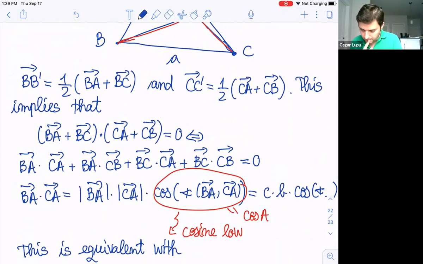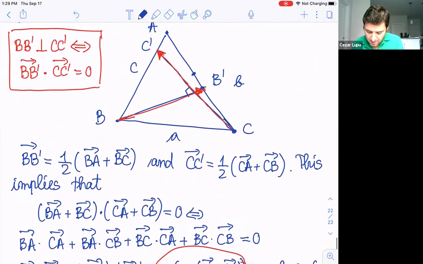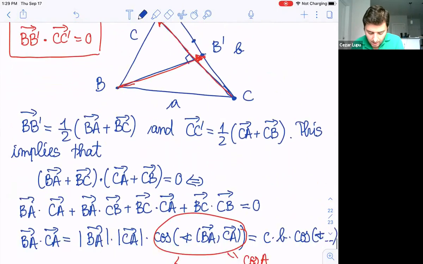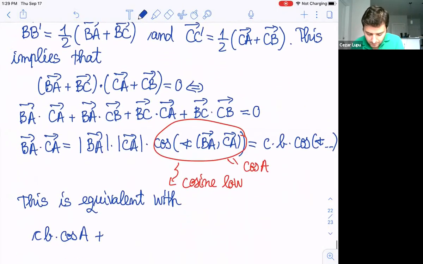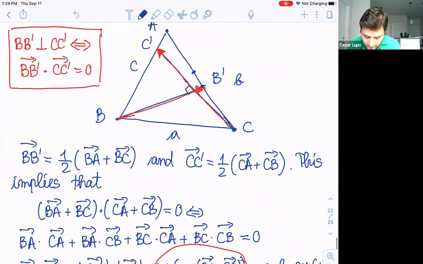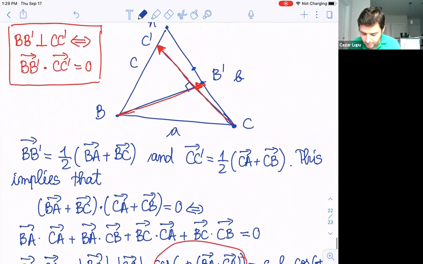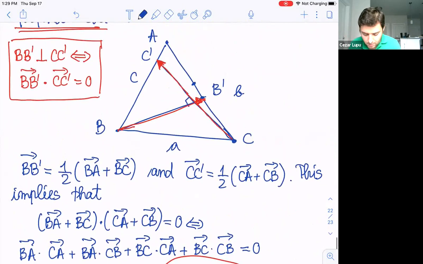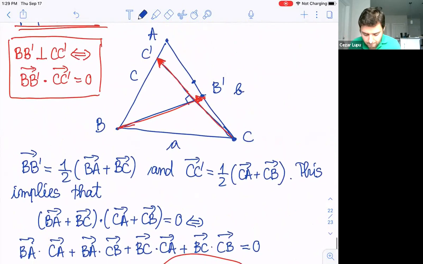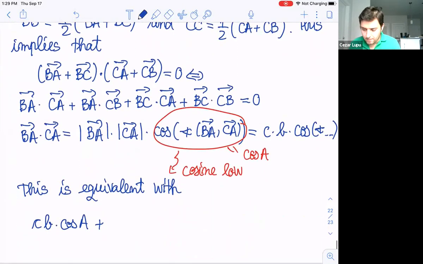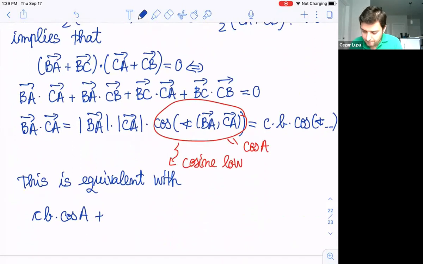So wait. This is what, it's CB and CA. Okay, it's BA plus CB. So it will have, okay, let me look, BA and CB. Yeah, so it will be something like, and it will have minus there.